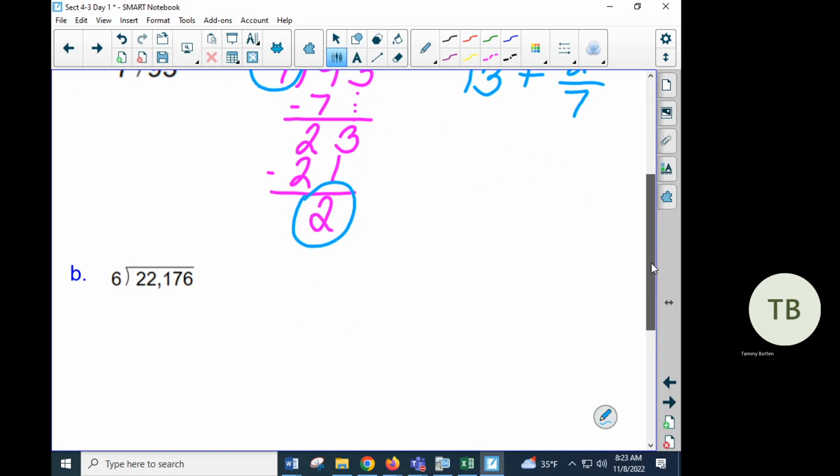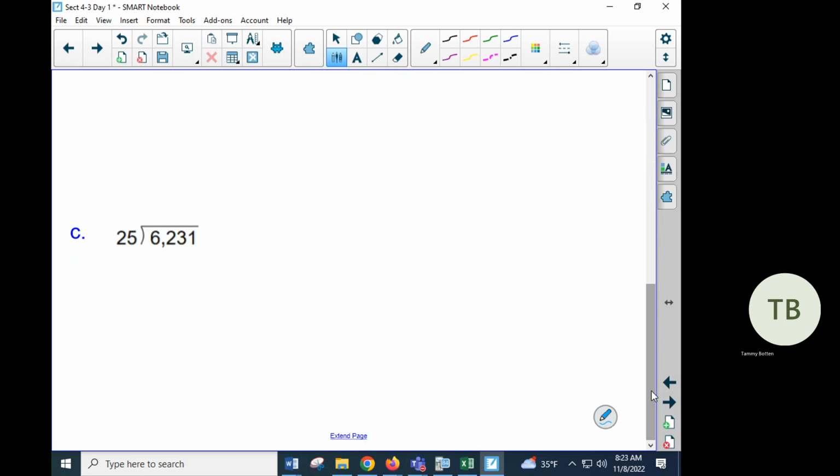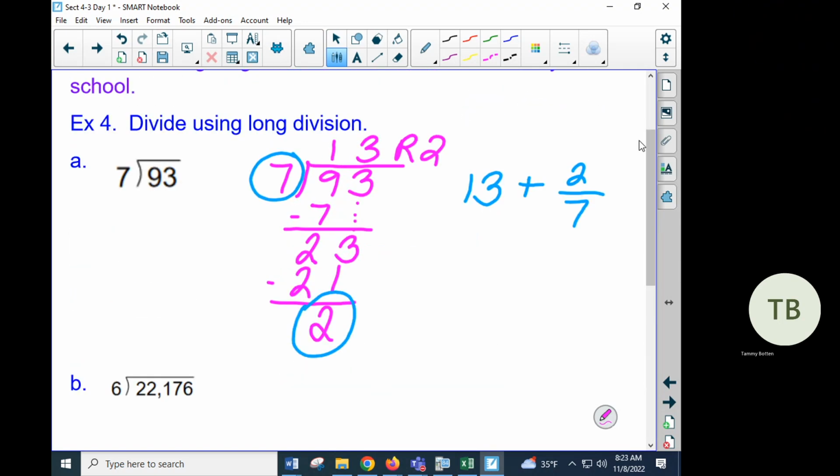Okay. We're going to skip B and we're going to go to C. And in this one, the only way this one is different is that in this first one, we were only dividing by 1 digit, and we were able to divide that 1 digit into our first thing.